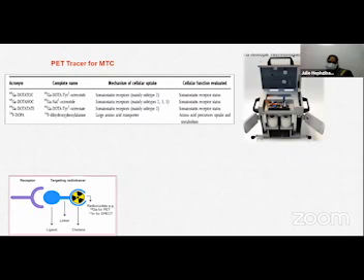About gallium-68 DOTATATE, we have already listened extensively from our colleagues, so I will not spend too much of my time. Gallium is a generator-produced isotope. It is produced from a germanium generator.